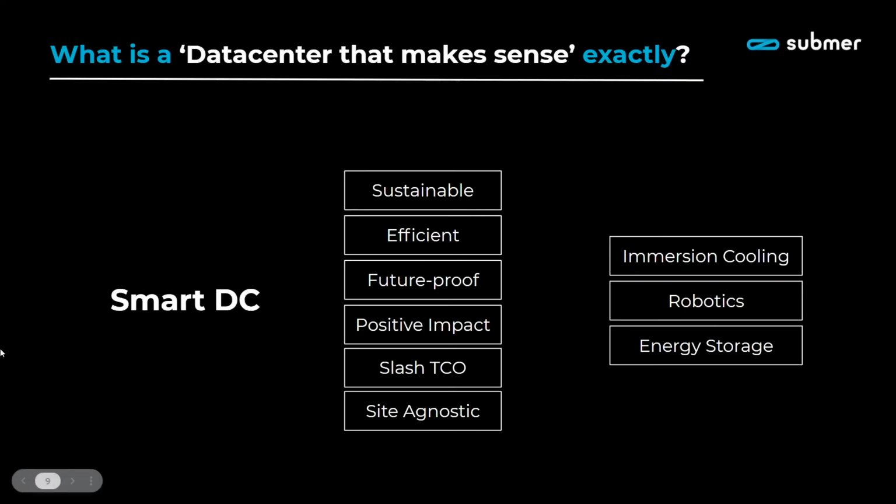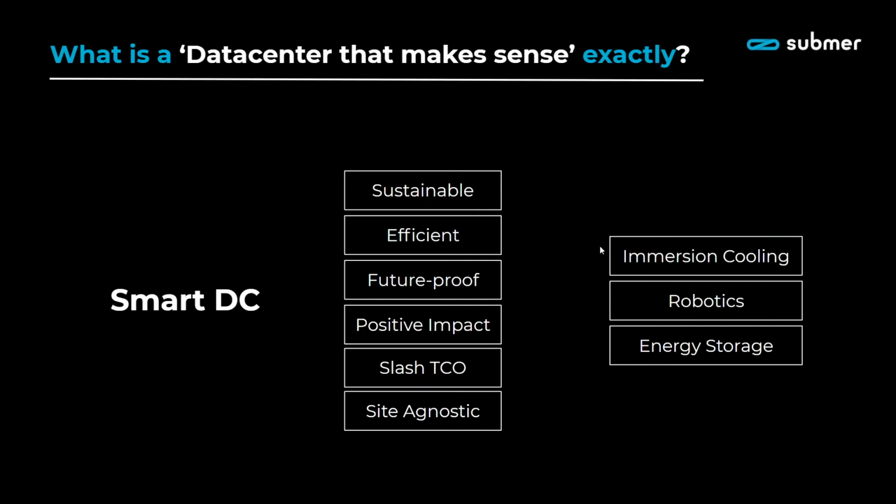The main characteristics that contribute to a data center being considered smart are some of these that we can see on the screen, which are sustainability, efficiency, and power density per square kilometer.